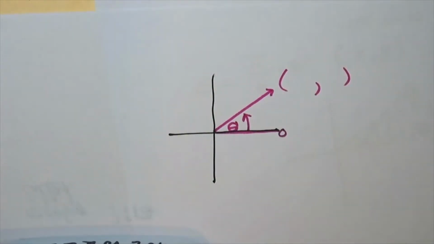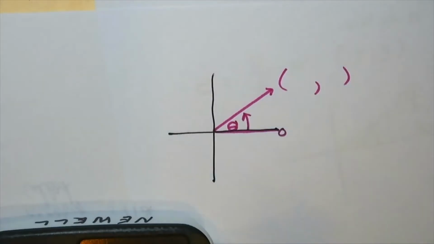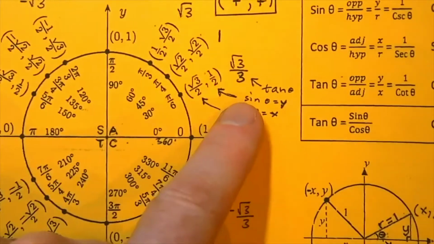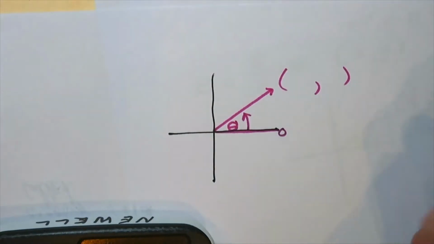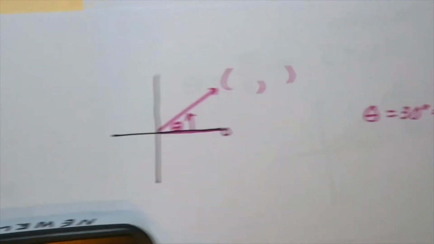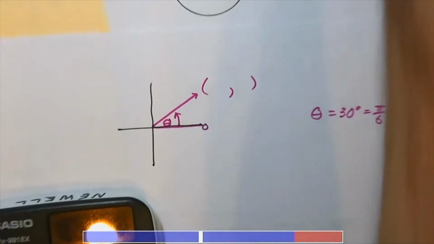So let's put some in here. Why don't we use 30? Let's say this is a 30-degree angle, or pi over 6 in radians. There we go. Let's just use that one.